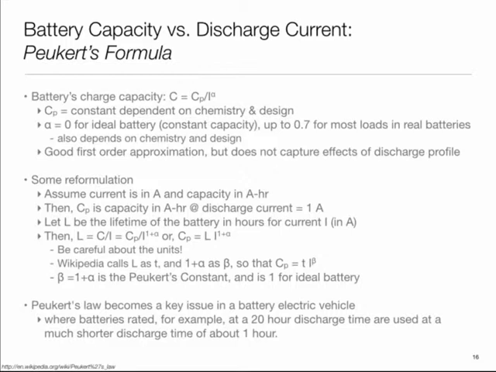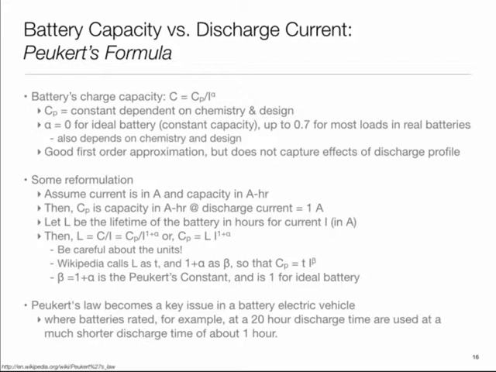If you look at Wikipedia, it has a slightly different formula, but it basically looks like the following: the charge capacity of the battery is equal to some constant Cp divided by I to the power alpha, where I is the current. Cp depends on the chemistry and design. Alpha is 0 for an ideal battery, so in an ideal battery there is no current dependence and capacity is equal to some constant.